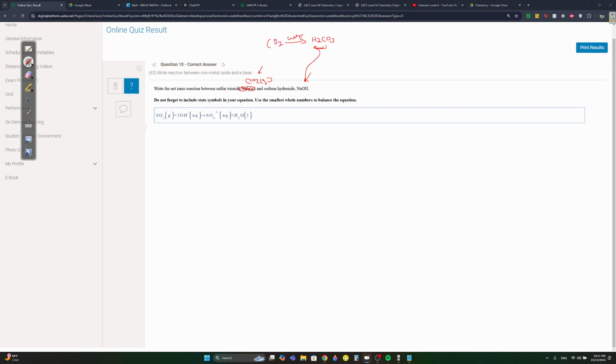This now can react with the base. So it has to properly turn into an acid with hydrogen. You're not allowed to use it in its gaseous form like this. So here SO3 will turn into what? H2SO4, right? And now you can actually proceed with the reaction.